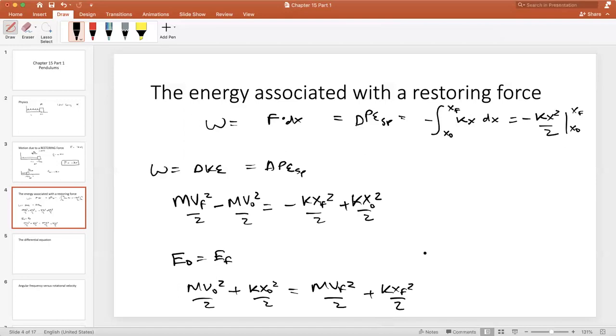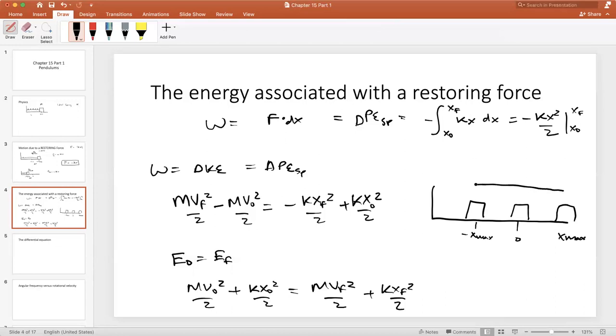And what this is really saying is that if we look at 3 different points in this motion, when it's stretched to negative x max, when it moves back to equilibrium, and when it moves to x max. So when the displacement is negative x max, 0, or x max, let's say we pulled this out and we let it go. It shoots this way, stops, and then shoots back.